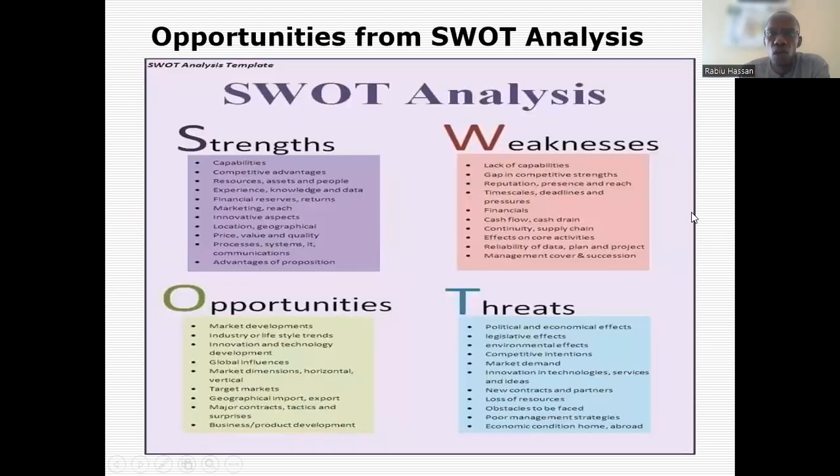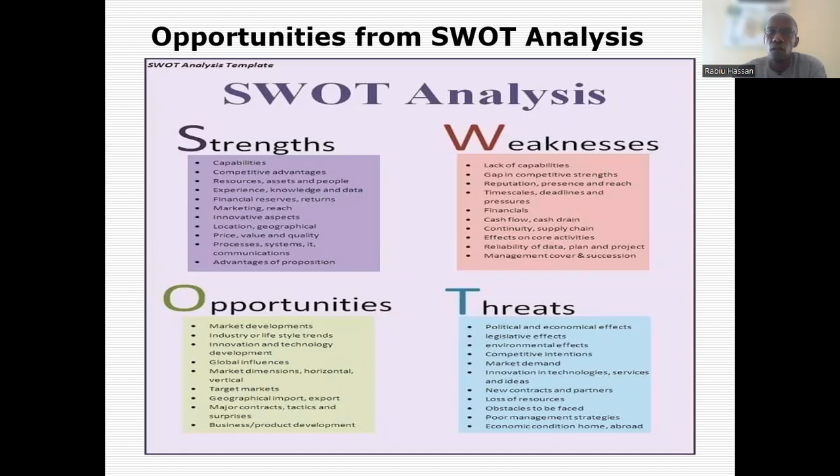And then we can also discover opportunity from SWOT analysis. SWOT is an acronym standing for the S is strengths, the W weaknesses, the O standing for opportunities, and the T standing for threats.